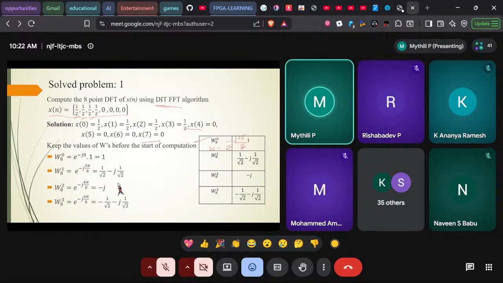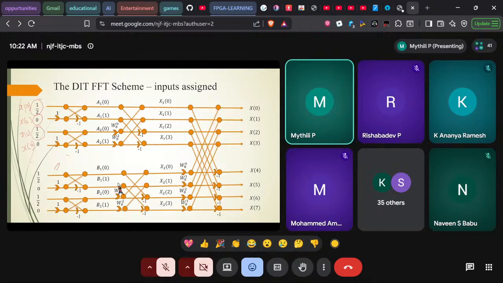We need to pick from here all the values and drop them there in the scheme. See, this whole scheme is needed to do the problem. So you need to learn to draw this scheme correctly. And I will do that tomorrow in the class. Okay. And this is 1, 5, 3, and 7. Okay.